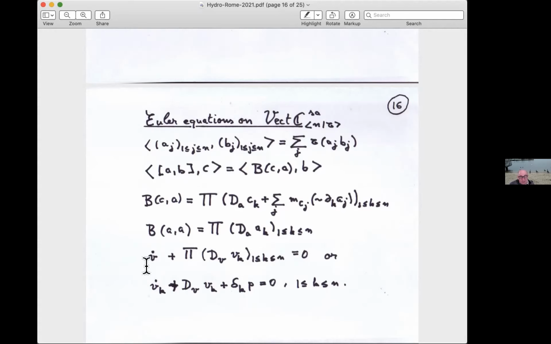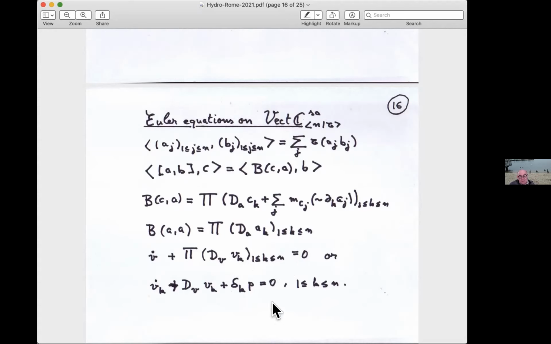So the Euler equations: I have such a map V, which goes from a time interval to this algebra of vector fields. They look exactly like the classical ones. It's the derivative of V in time plus this Lincei projection of dV applied to Vk, equals 0.